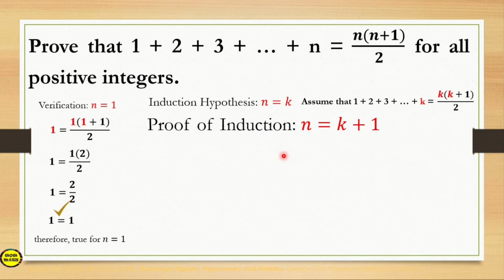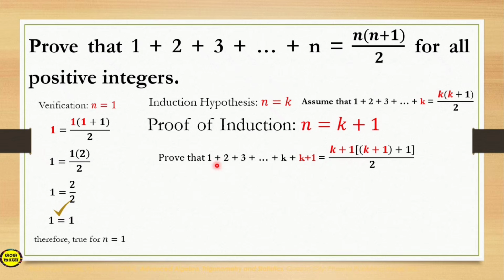So, paano natin gagawin? First, gamit yung assumption natin, 1 plus 2 plus 3 plus k, ito yung dulo. Idadagdag natin ngayon yung value ng n na k plus 1. So, 1 plus 2 plus 3 up to k plus yung k plus 1 natin.